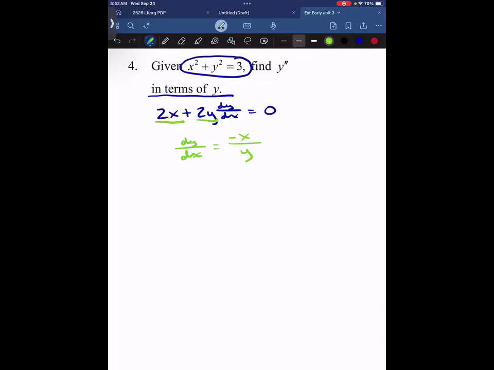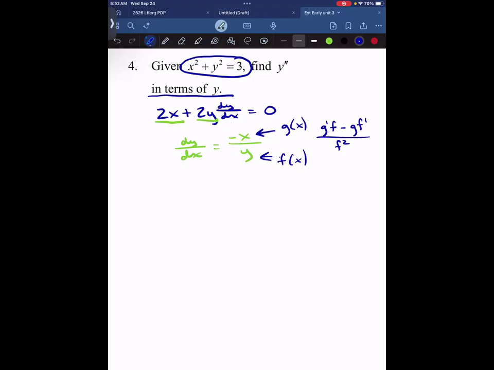So now we need the second derivative. Hopefully you notice we have a function over a function. I guess I shouldn't call that f of x; that could be g of x, because y is f of x. So we have a quotient rule: g prime f minus g f prime, all over f squared.